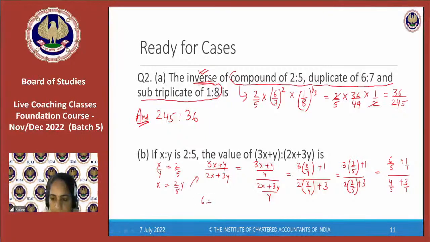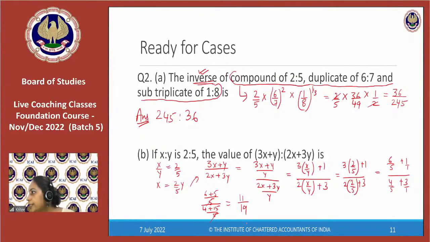This looks like 6 plus 5 by 5 upon 4 plus 15 by 5. So 5 and 5 cancel out here. You're left with 11 by 19, and 11 is to 19 is the correct answer.